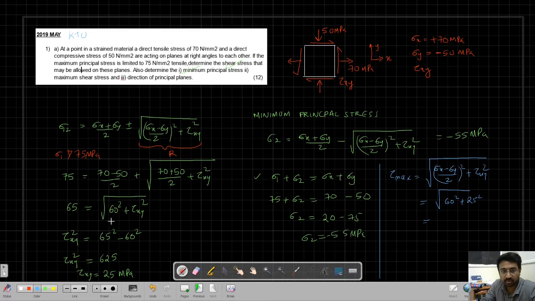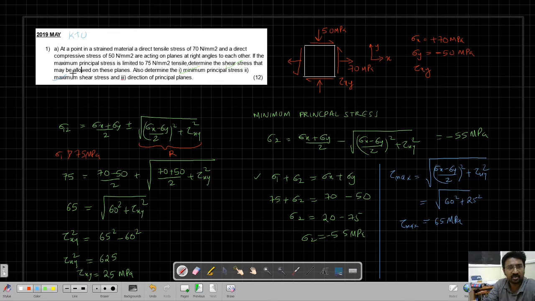We can calculate this, or we can observe that 60 squared plus 25 squared gives 65. So the maximum shear stress is done.